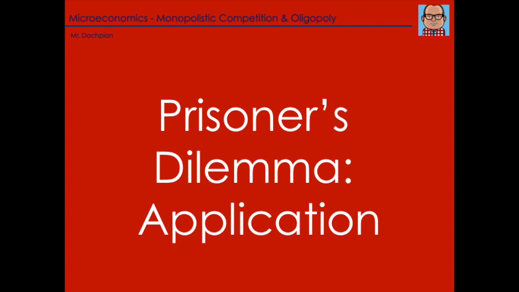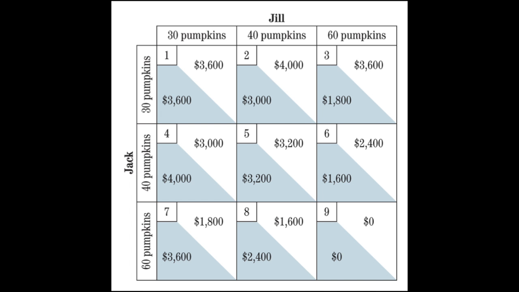One simple application of the Prisoner's Dilemma is with duopoly games. Duopoly is when there are two firms in the market. Duopolies, like the one illustrated in this figure, can increase profits when they cooperate and decrease the quantities that they sell.